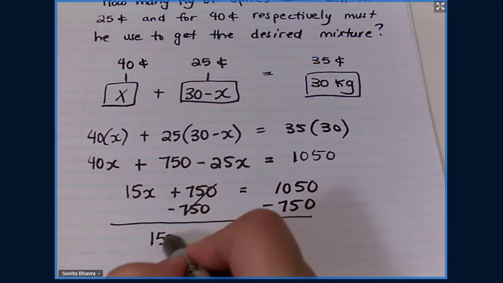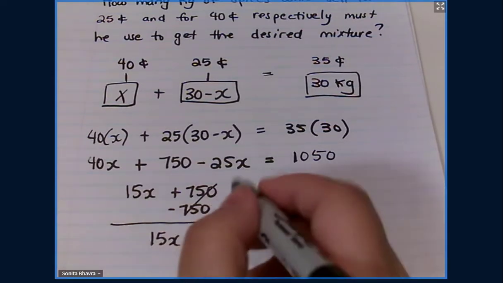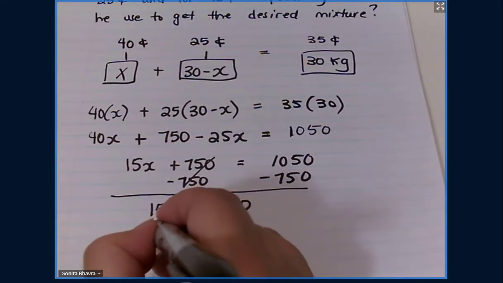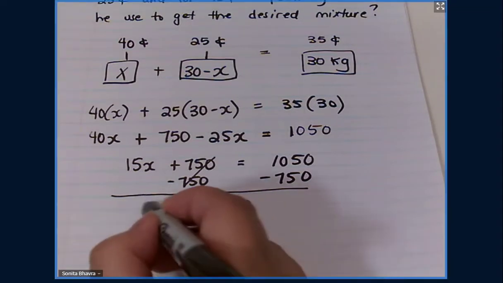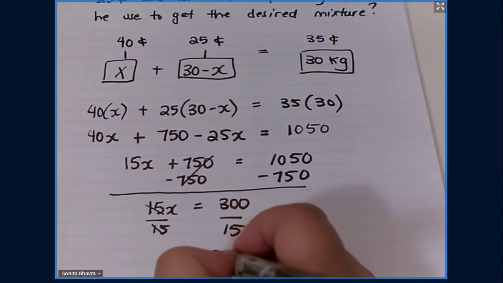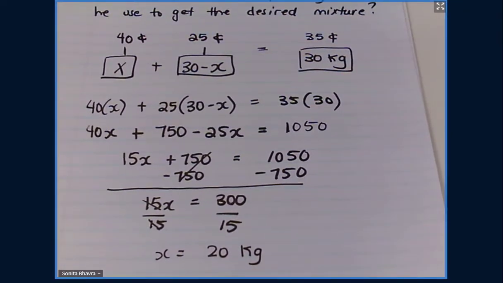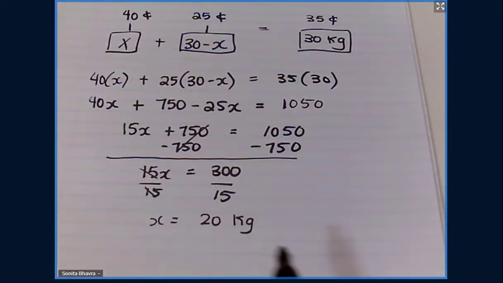That leaves me with 15X equals 300. And then lastly, divide by 15 on both sides. That leaves me with X is equal to 20. So 20 kilograms.